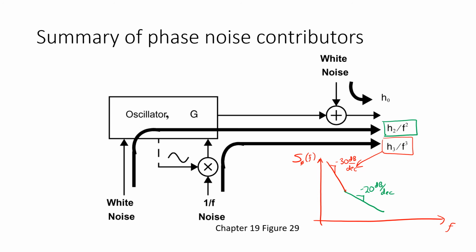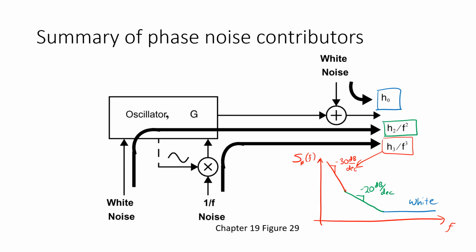So for example, if the output of that oscillator is buffered by even a simple resistively loaded diff pair or a CMOS inverter or anything, then we'll certainly see some white noise superimposed on the clock waveform, and that gives rise to a third part of this curve that's just white noise. That's flat, and so that's captured by this constant term H0.